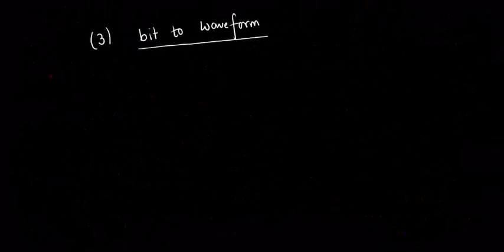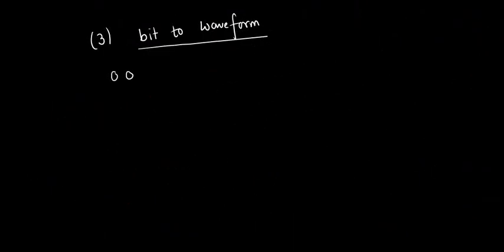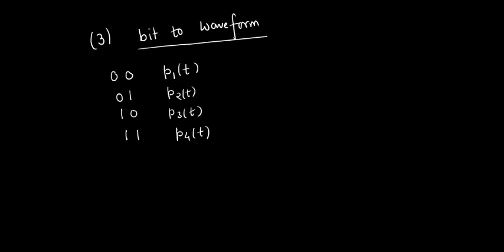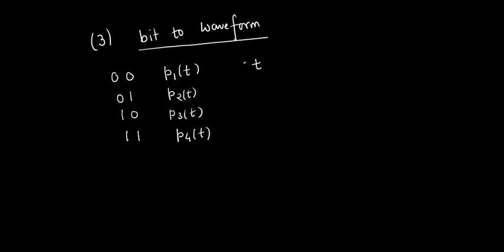So, anyone can take some number of bits and map it to some waveform, which we represent by P1, P2, P3 and P4. We are trying to analyze the third block, the bit to waveform mapper, how this mapping takes place. Of course, what would be the time for each waveform?